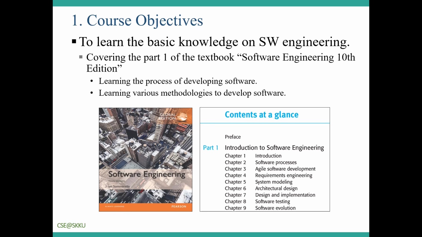The book is divided into 4 main parts. In this course, we will mainly focus on part 1, Introduction to Software Engineering. This section covers essential topics such as the software process, agile development, system modeling, testing, and more. From part 1, we will learn about how software is developed as well as various methodologies used in this process.